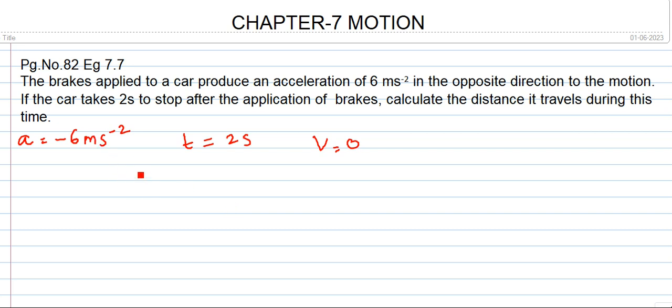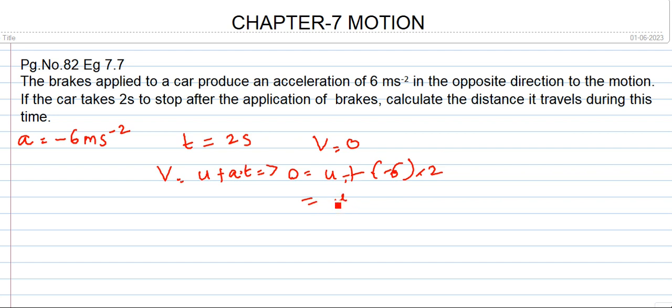So we will find the initial velocity from the formula v is equal to u plus at, which gives 0 is equal to u plus minus 6 into 2.